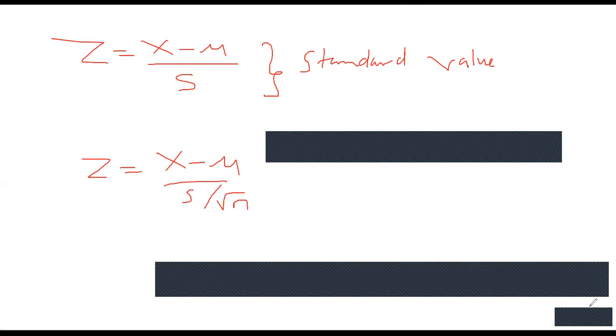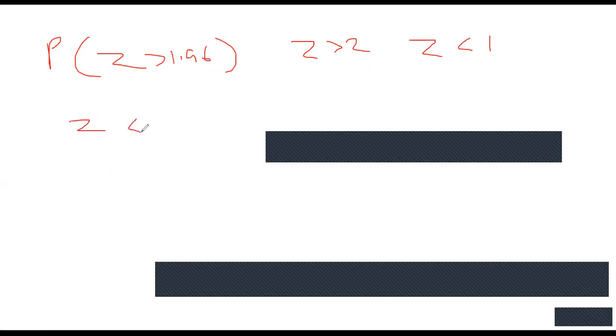All right, so now since we've learned how to read, I need you to help me find the values Z greater than 1.96, Z greater than 2, Z less than 1, Z less than negative 2.5, Z greater than negative 3.13.